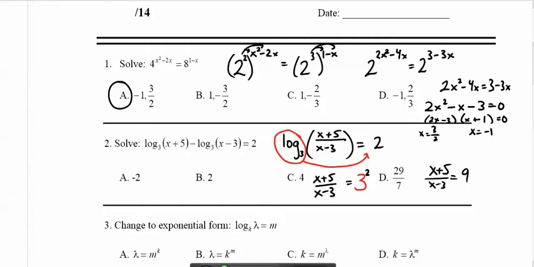And now if I multiply the denominator onto the other side, x plus 5 is 9x minus 27. And combining my x terms, I get 8x equals 32.